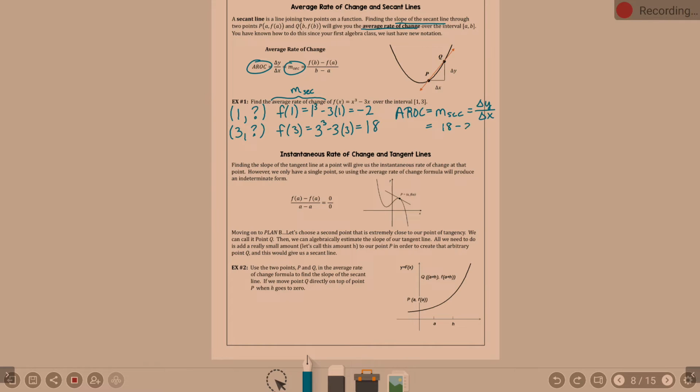So 18 minus -2 over 3 minus 1. I thought what I wanted to do in the beginning was wrong, but we get to the same place in the end. Really what we just did here is f of 3 minus f of 1 over 3 minus 1. I didn't write it out that way, but we could have.